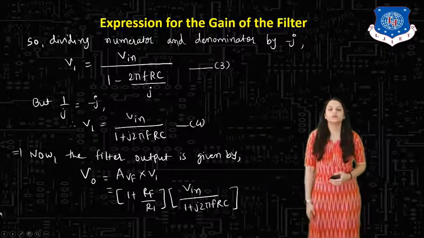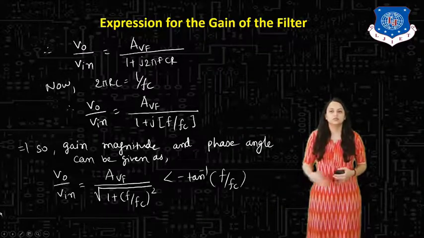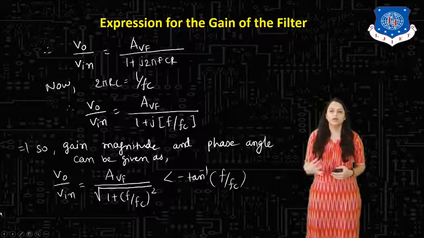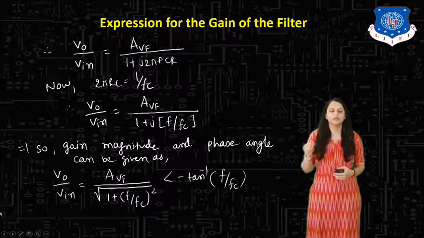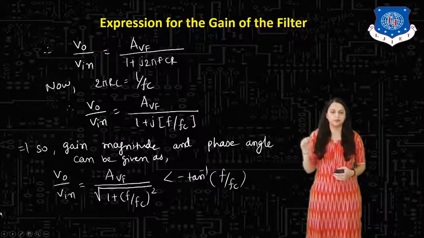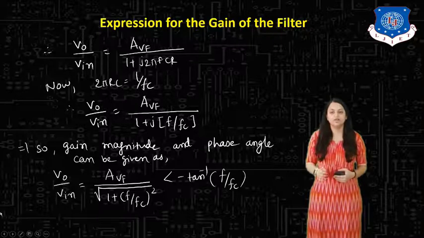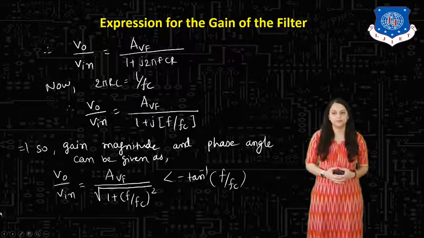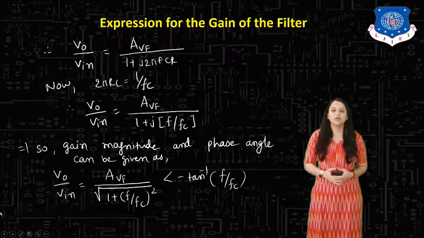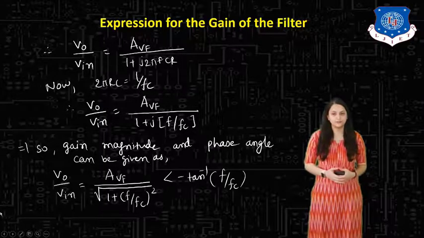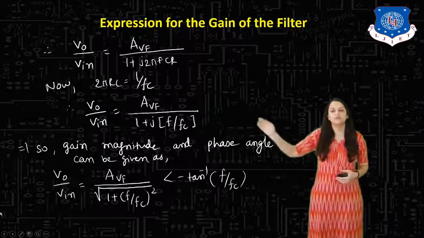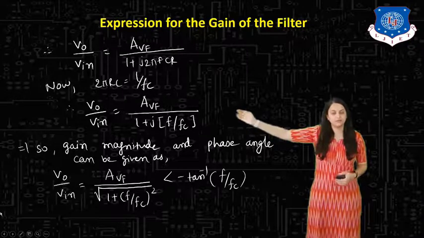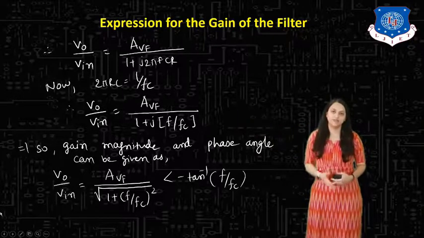Okay. Now we want to obtain the gain of the filter, that is output by input, VO by V, that will be equal to AVF upon 1 plus J 2 pi FCR. We know that 2 pi RC is equal to 1 by FC. So we can have VO by Vin equals AVF upon 1 plus J F by FC.